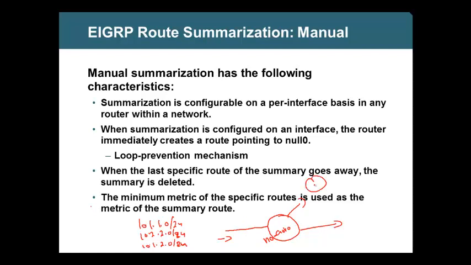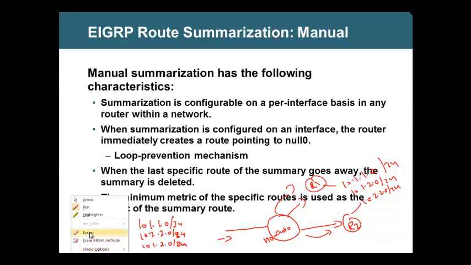Now both routers R1 and R2 start learning 10.1.1.0/24, 10.1.2.0/24, 10.2.2.0/24. Both get the detailed route because I said no auto summary.